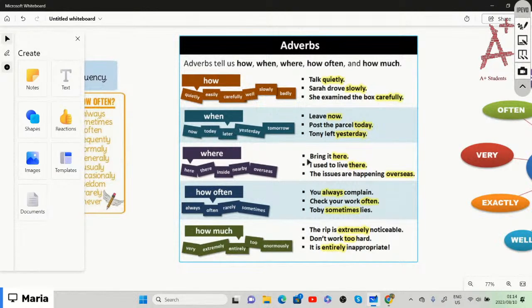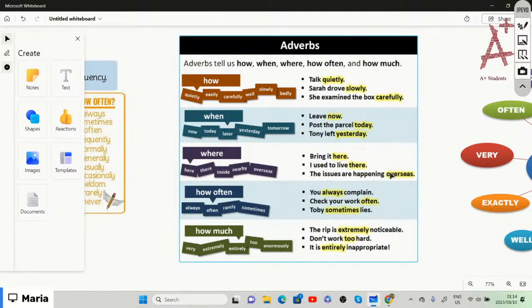Then we have adverbs that tell us where, right? So we can say bring it here. Where? Here. So here being our adverb that tells us where. Then we have I used to live there. You see, so there, instead of saying, for example, the name of the town, the name of the place, the name of the street, we can maybe just say there, right?